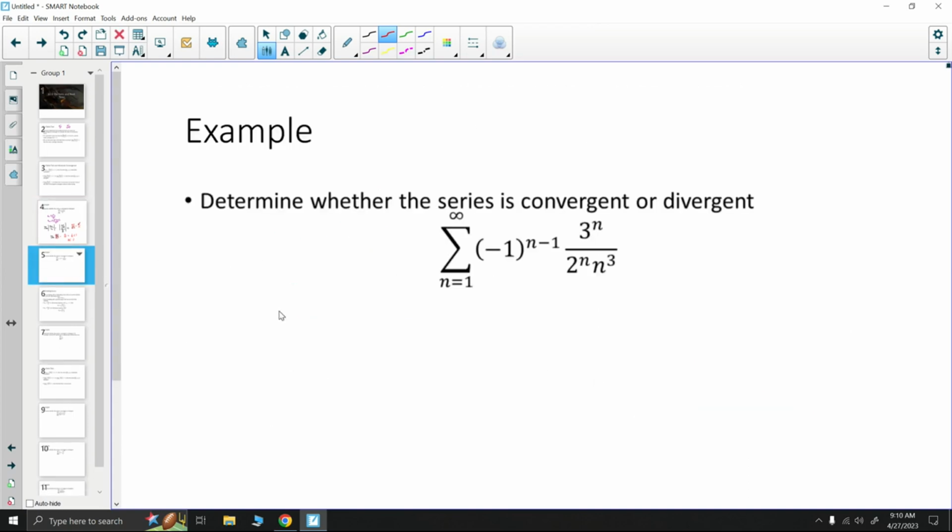All right, so let's take a look at another one. We have another alternating series, but again, we have this complex issue. We have 3 to the n over 2 to the n n cubed. So this is like a p series portion, but then these things here are geometric series. So it's kind of a geometric and a p series where basically it's 3 over 2 to the n times 1 over n cubed.